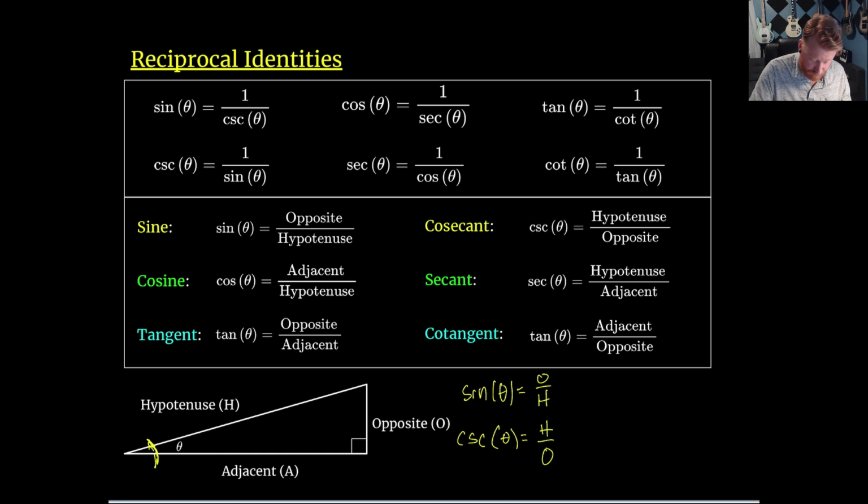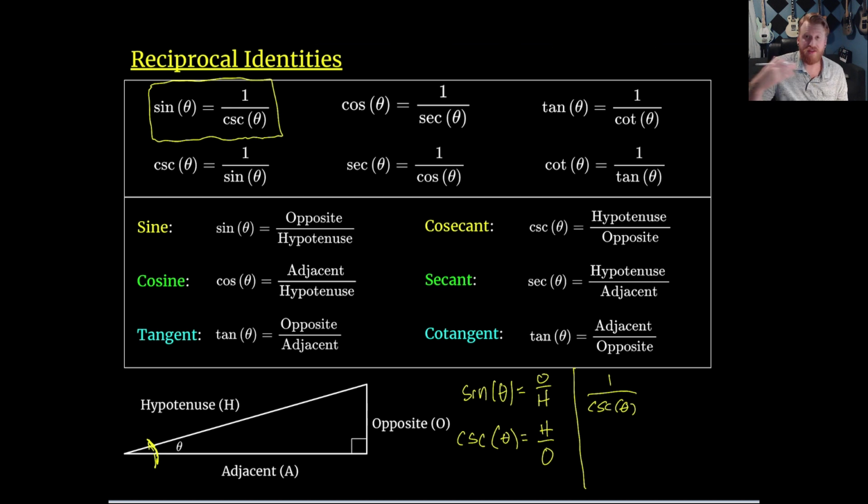So let me erase my scribbles. What we want to show here is that the sine of theta is equal to 1 over the cosecant of theta. Our goal going forward today is going to be able to prove some identities here. So here's a quick one. We're going to prove this reciprocal identity here. I'm going to start with the more complicated looking side, which is 1 over the cosecant of theta.